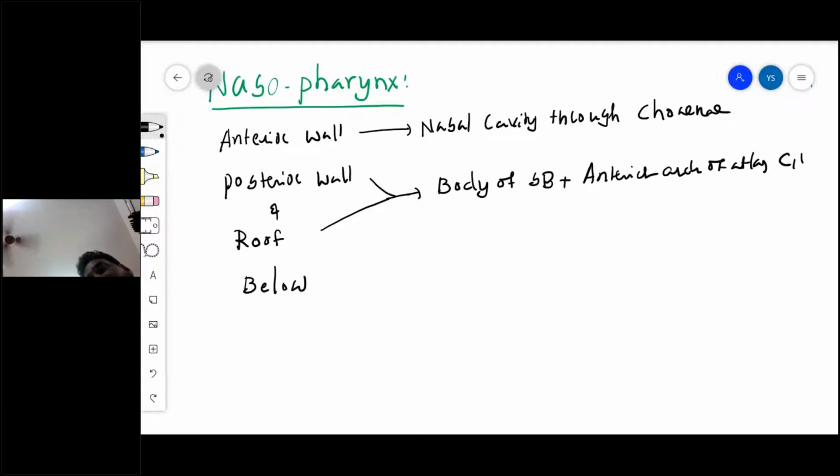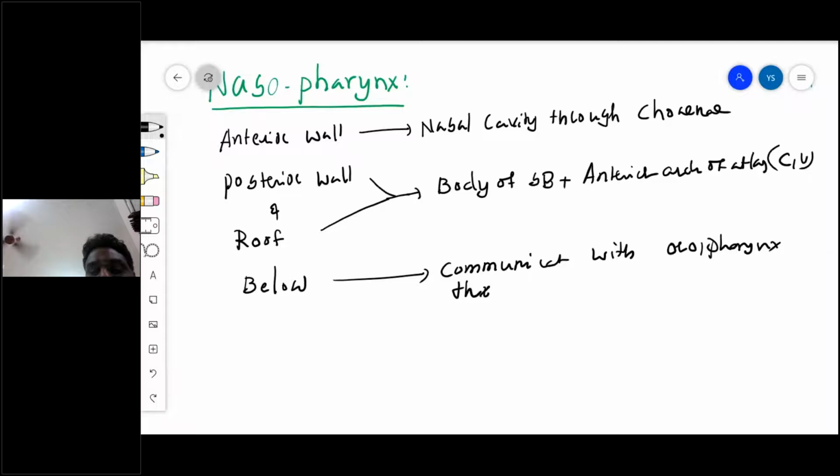And below, it communicates with oropharynx through pharyngeal isthmus. Previously I told you oropharyngeal isthmus.